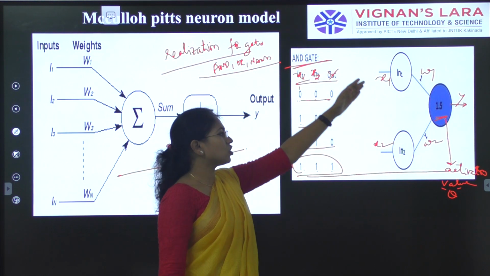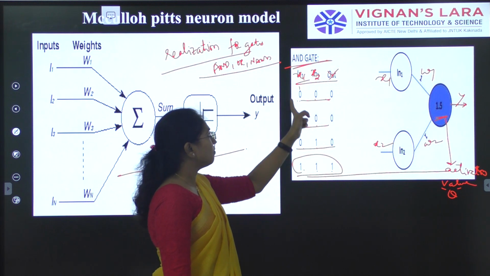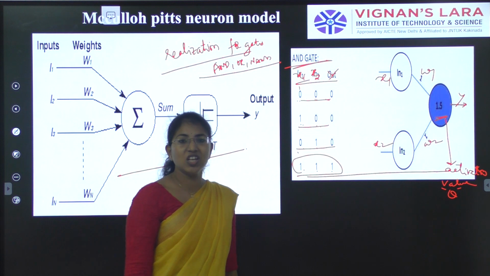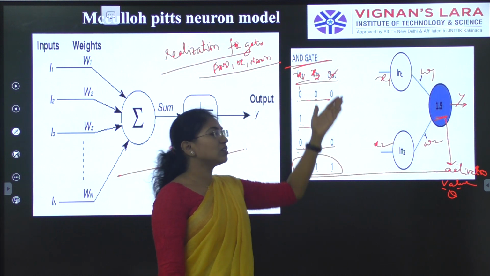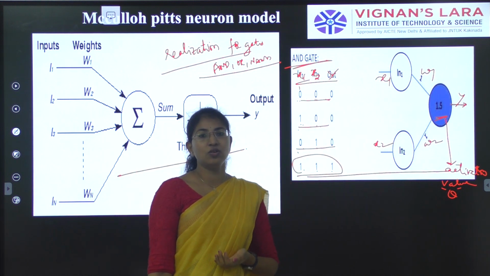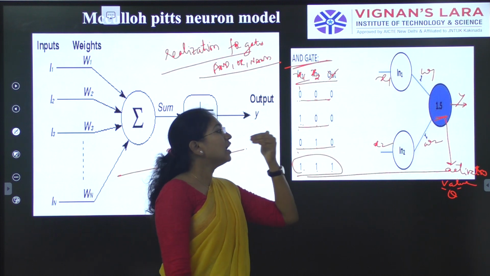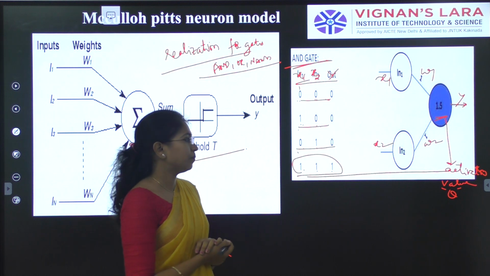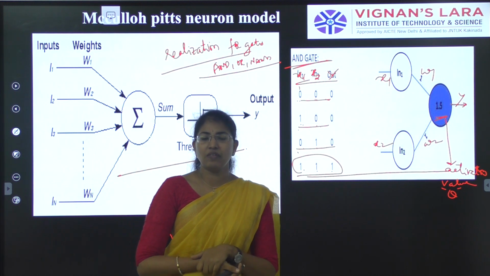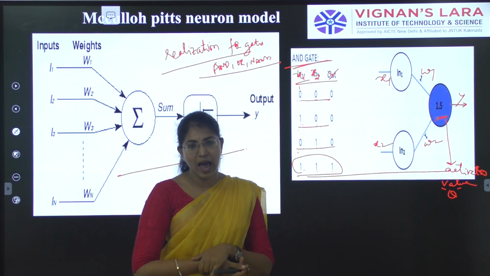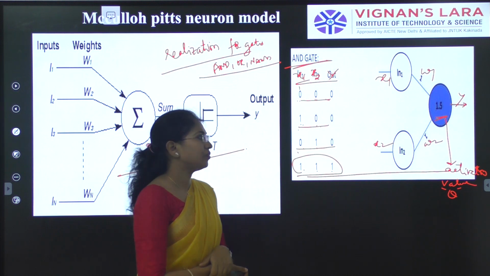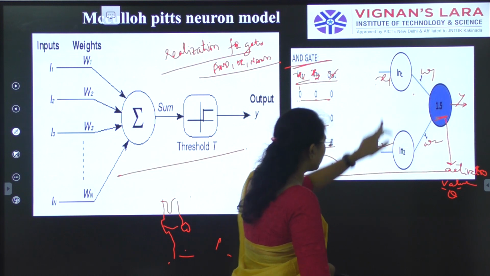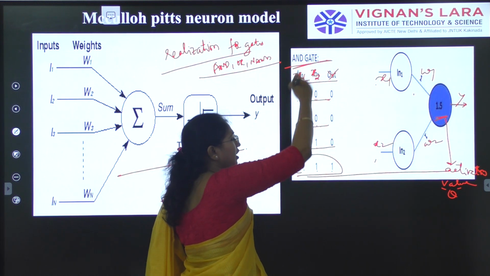The inputs are already defined: 0,0; 1,0; 0,1; 1,1. As I have already told you, we will initialize the weights randomly as 0 or 1, or sometimes we can also consider the weights as -1.